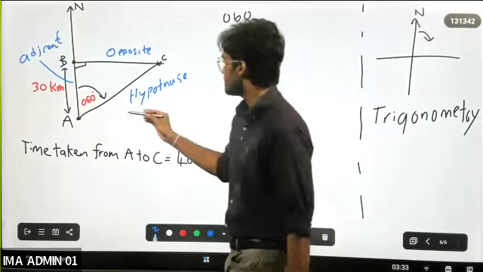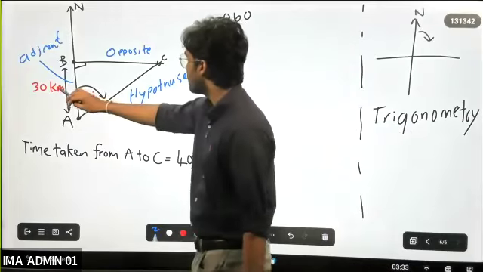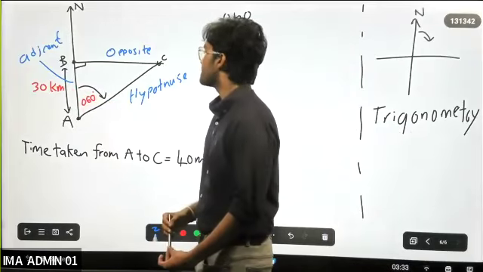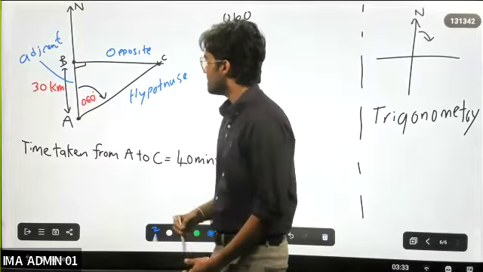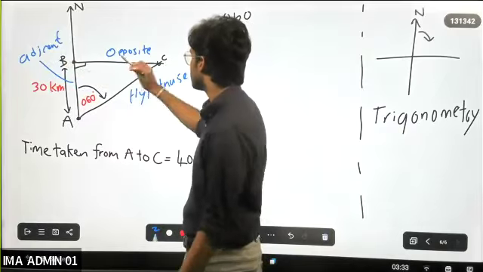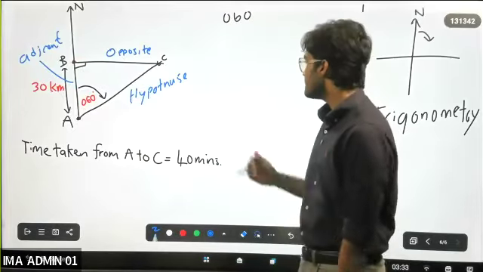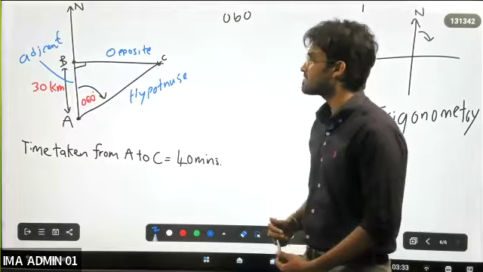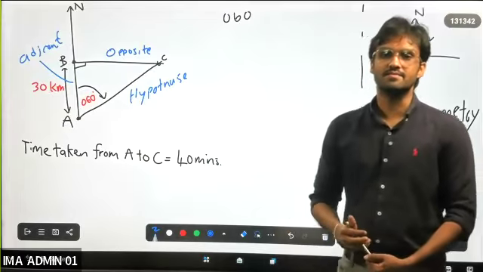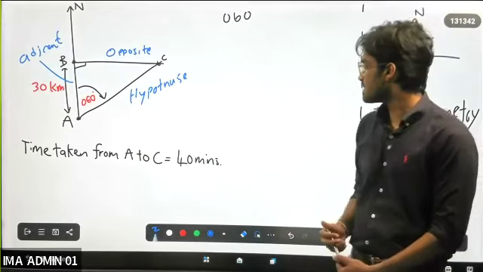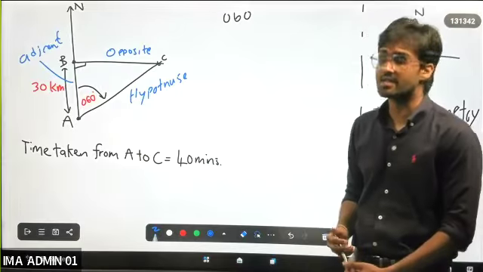So if we know the angle and also the length of maybe the adjacent or the opposite side, with the knowledge of the trigonometry equations or trigonometry values, we could find out an answer.